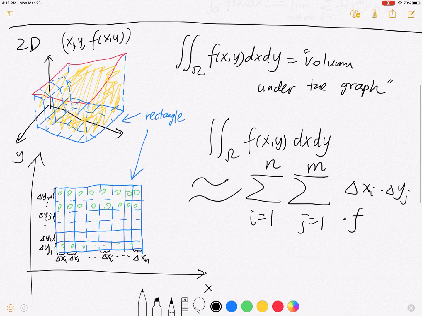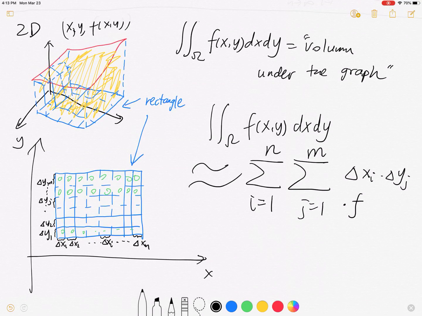The height is given by the value of the function at some point, at this point, ij.